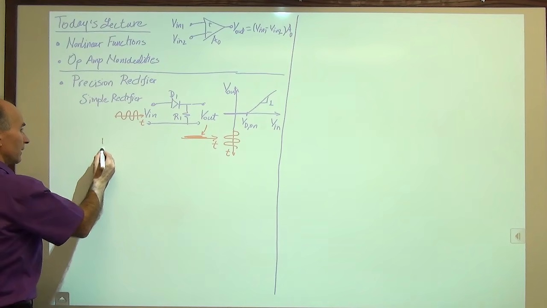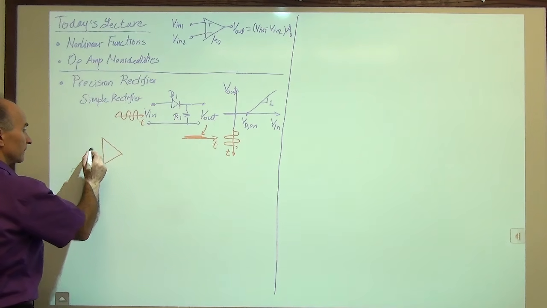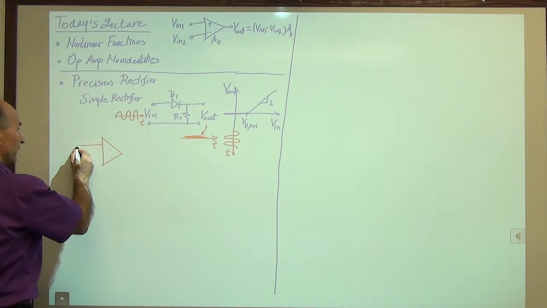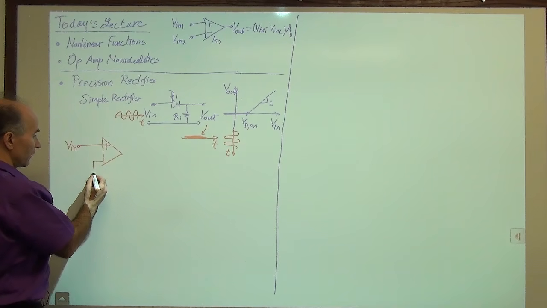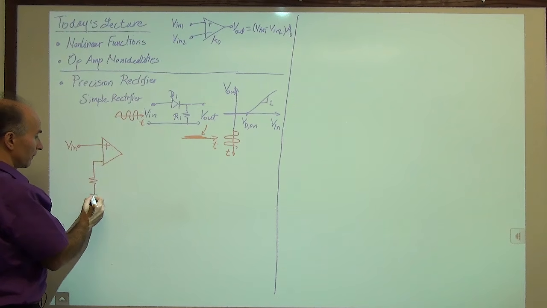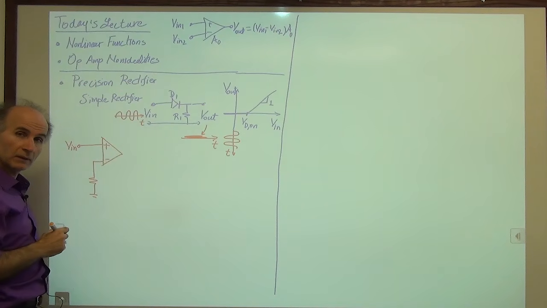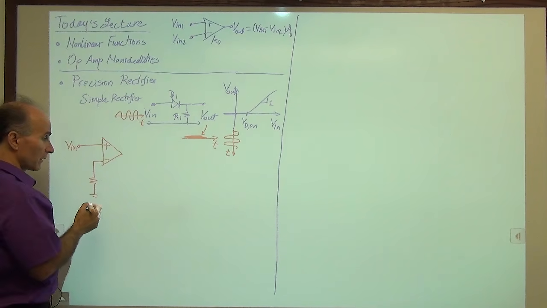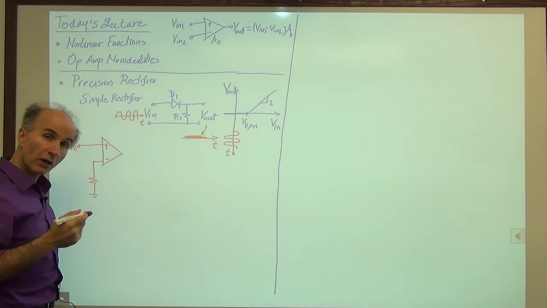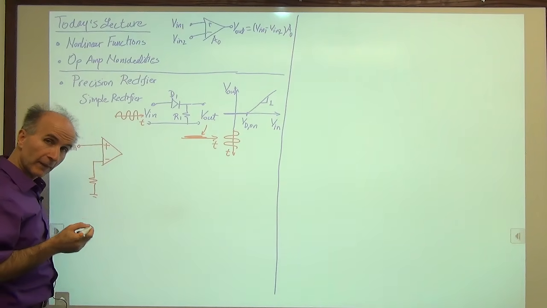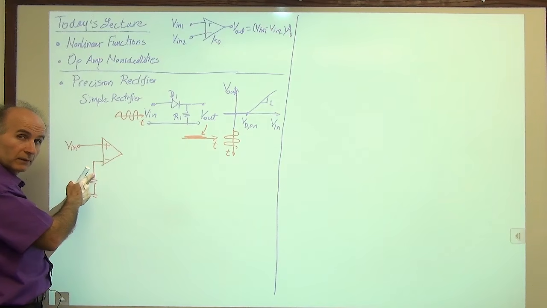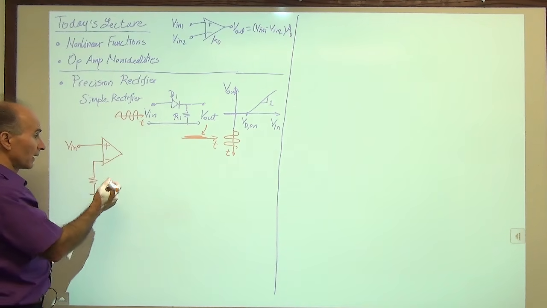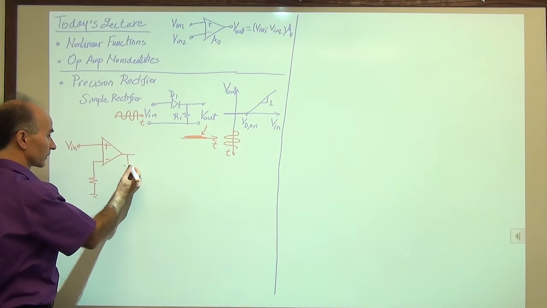Okay, we'll take an op amp like before. We connect our input to the non-inverting input. We connect a resistor from the inverting input to ground. This is sort of similar to the non-inverting amplifier. But instead of a resistor connected between the input and the output, remember we had a resistive divider, I replaced that with a diode.